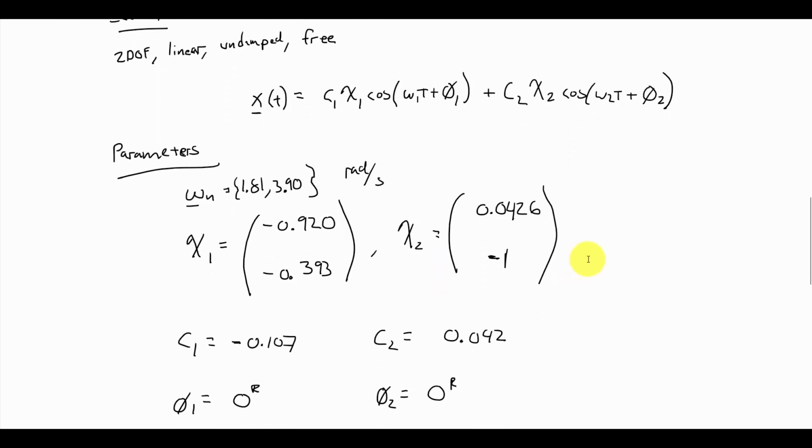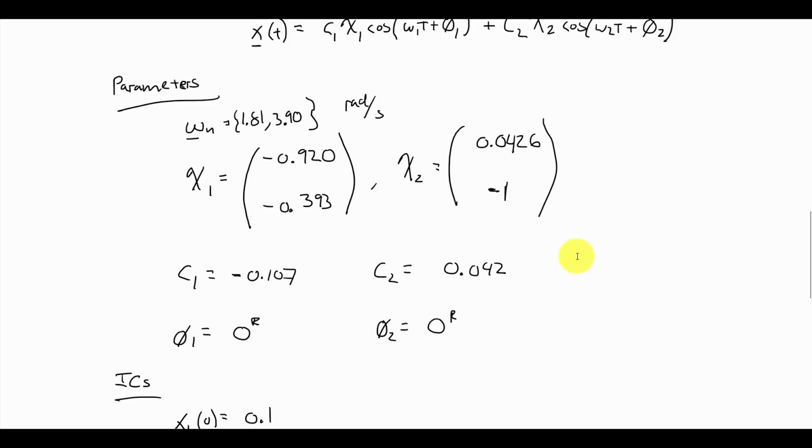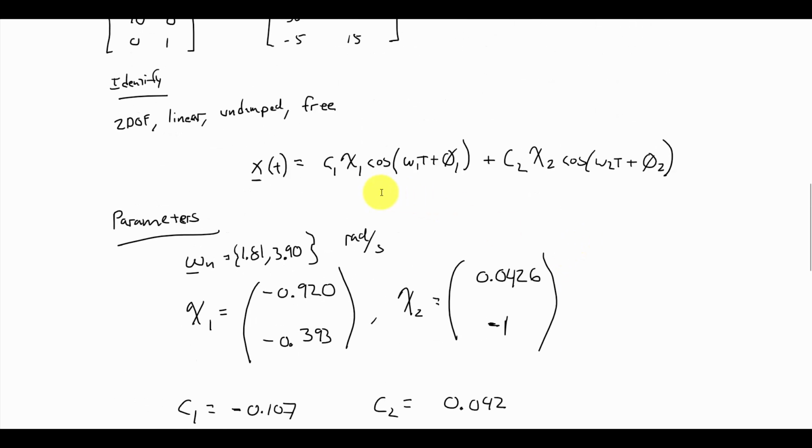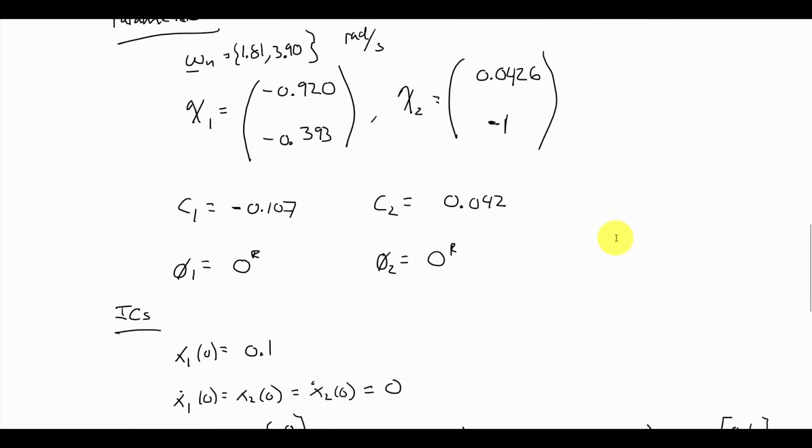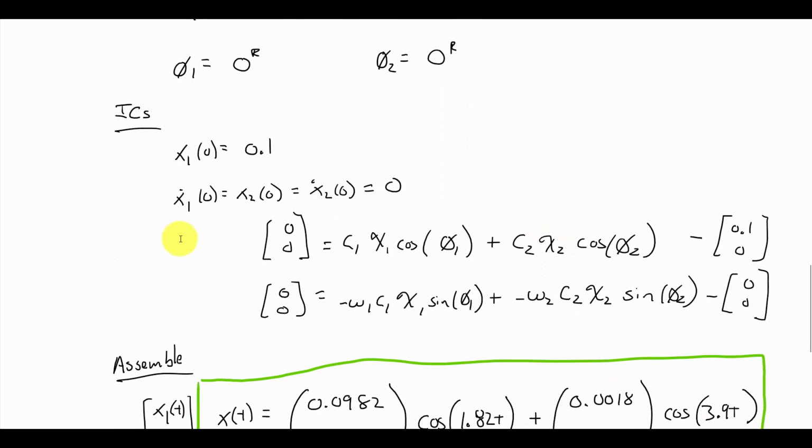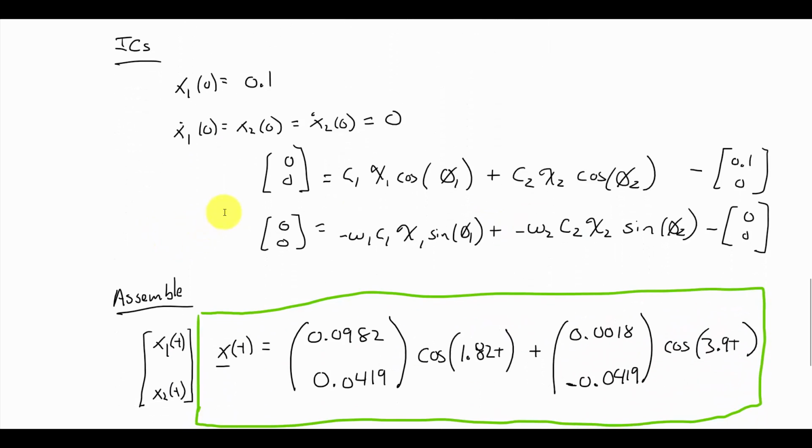Then we can find our parameters. The natural frequencies and the mode shapes come from taking the eigensystem of M inverse times K. So that's why we need the matrix form of M and K to get those values. The constants, C1, phi1, C2, and phi2, come when we apply our initial conditions and in this case solve 4 simultaneous algebraic expressions, and then we can figure out what the C's and what the phis are.